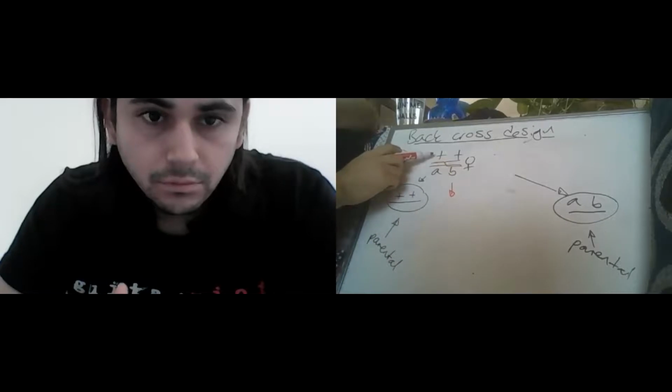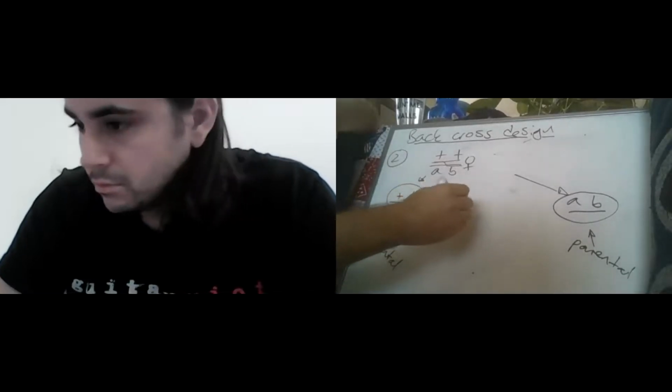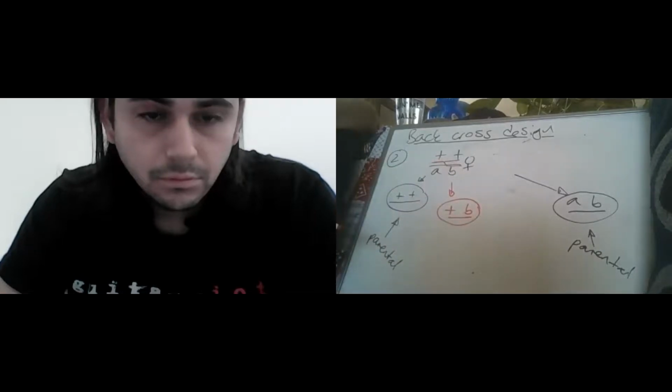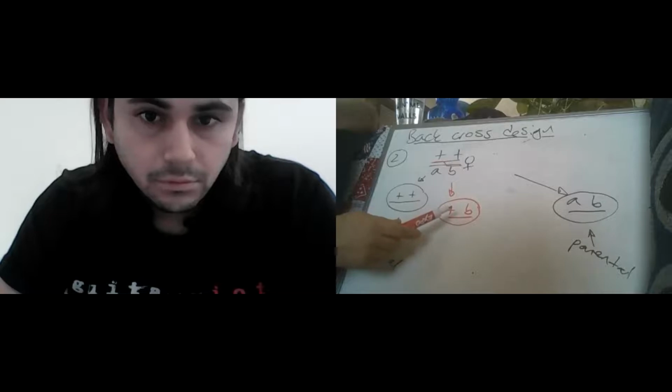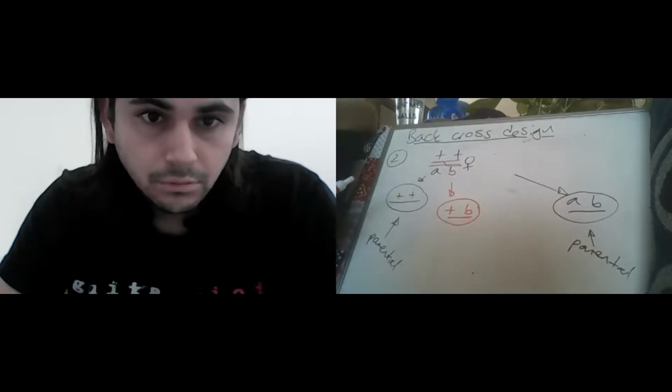So you're going to get plus, and then you literally follow the line, B. That is a chromosome that you don't see in either of the parents that generated this individual.